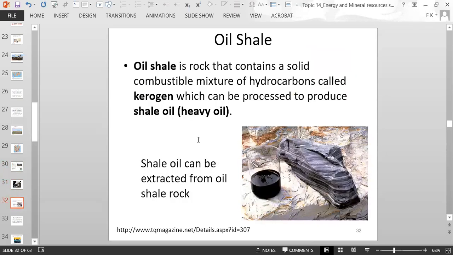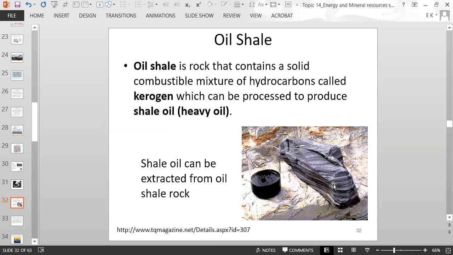And we have oil shale. Oil shale is rock that contains a solid combustible mixture of hydrocarbons called kerogen, which we talked about earlier. And then you can process the rock and produce shale oil, otherwise known as heavy oil. So here is your oil shale, and it has high amounts of kerogen.